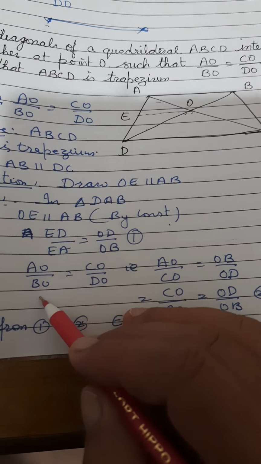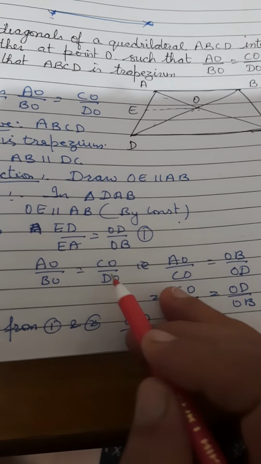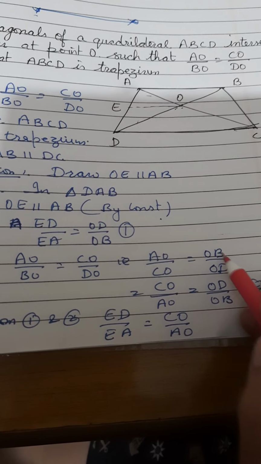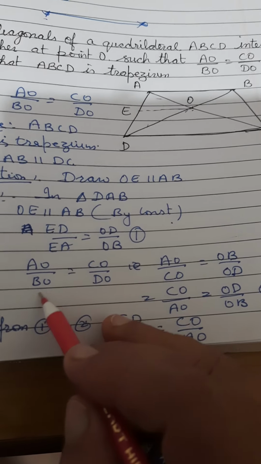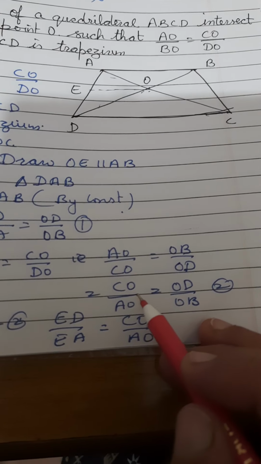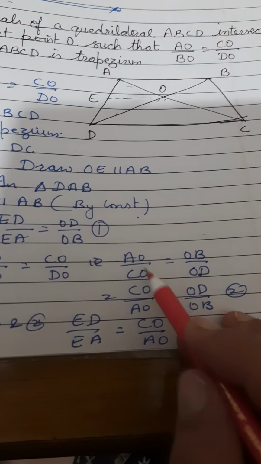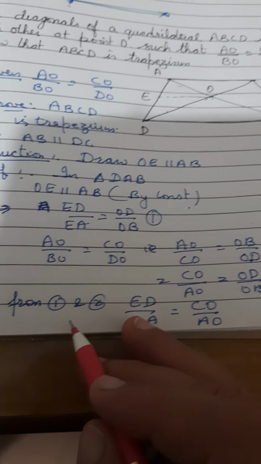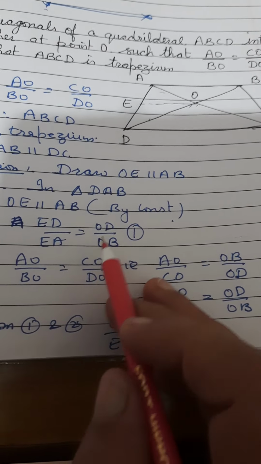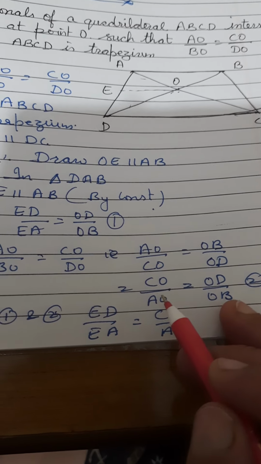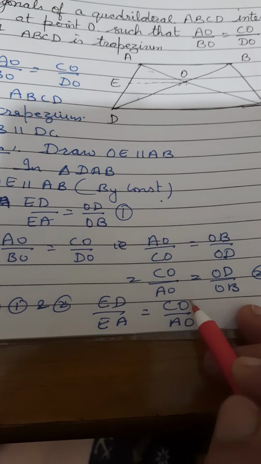OC I take on the left side, BO I take on the right side. Then AO by OC is equal to OB by OD. We take the reciprocal, CO by AO is equal to OD by OB. First we had OD by OB is equal to ED by EA. Here we have OD by OB is equal to CO by AO.